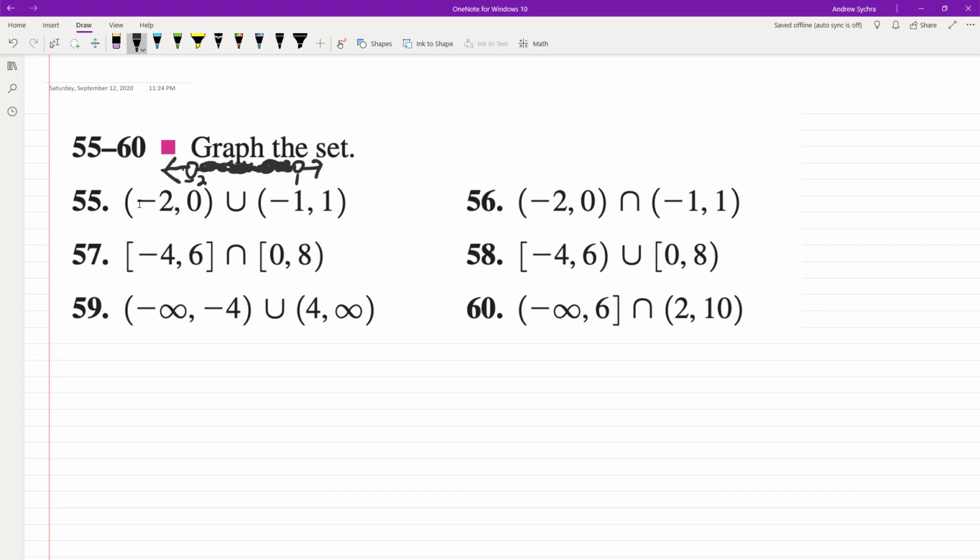What's not included? Yikes. So it's going to be negative infinity. Or not included, but what do they overlap? So it looks like only -1 to 0.